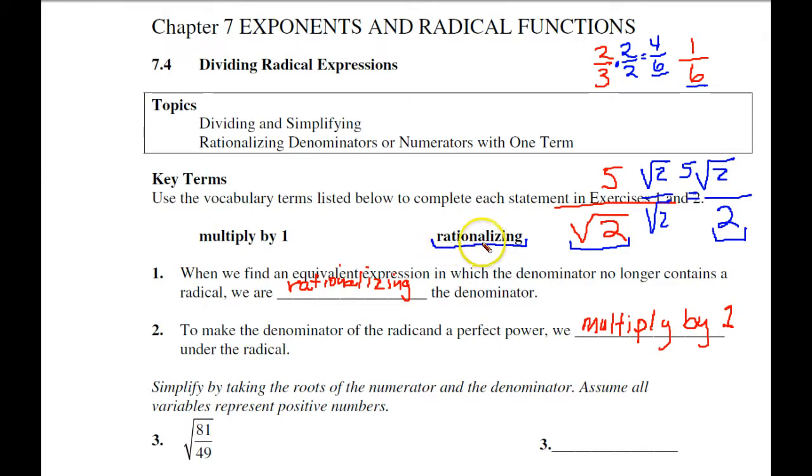We are rationalizing, going from an irrational to a rational, and we're doing so by multiplying this fraction by 1 in the form of the square root of 2 over the square root of 2. So part of the strategy we will be working on is what form of 1 we are going to use. That's where we're going.